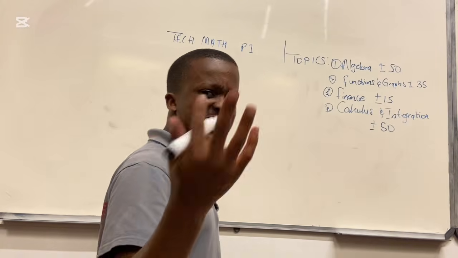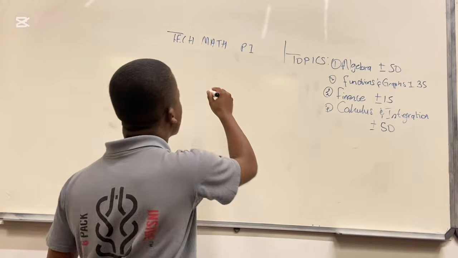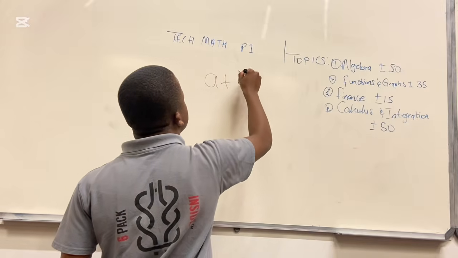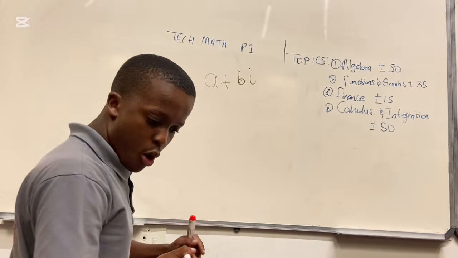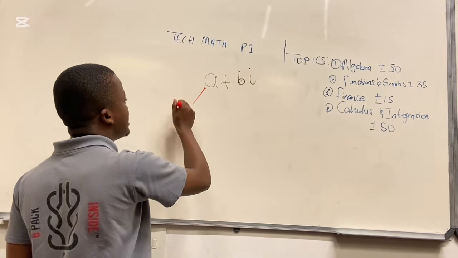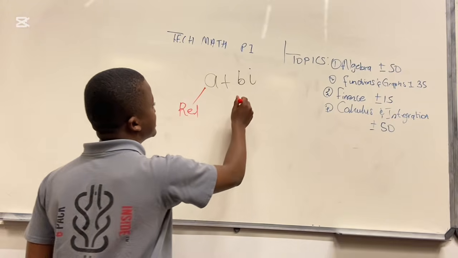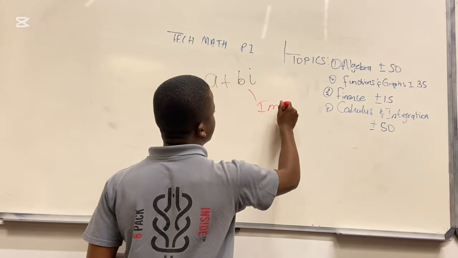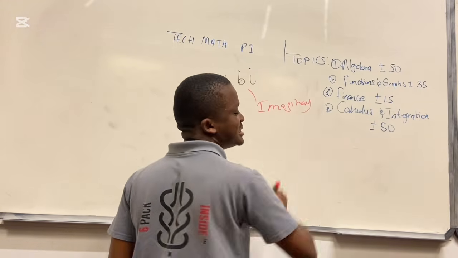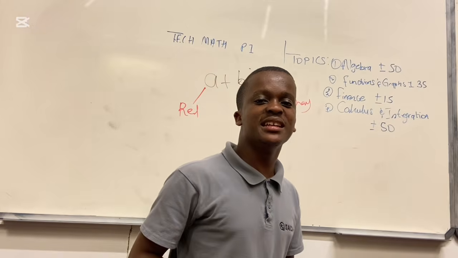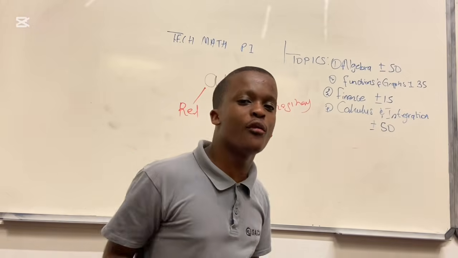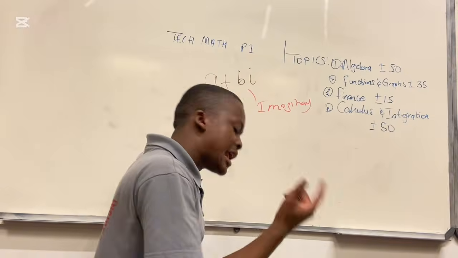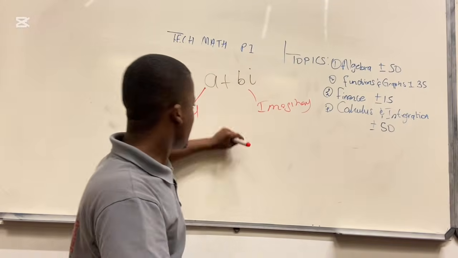Complex numbers. Now, people of God, it's just a plus bi. We know a is the real part, and this is the imaginary part. When we were dealing with the quadratic formula and the nature of roots, non-real means imaginary.